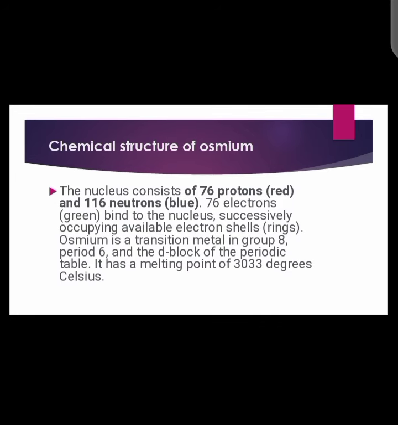The nucleus consists of 76 protons that are red in color, and 116 neutrons that are blue in color, while the 76 electrons that are bound around the nucleus are colored green, occupying the available electron shells. Osmium is a transition metal in group 8, period 6 and the d-block of the periodic table. It has a melting point of 3033 degrees Celsius.